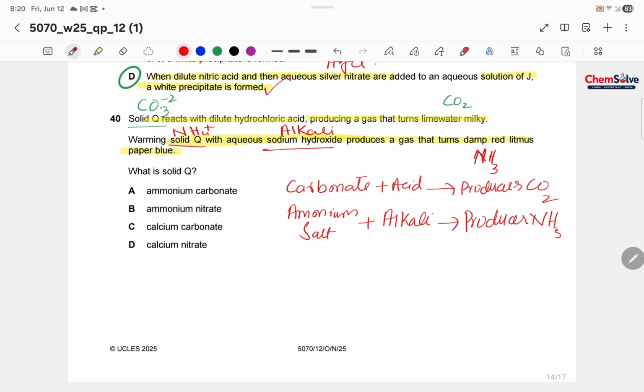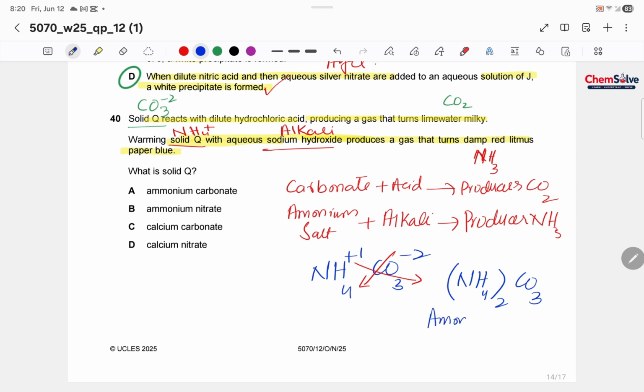So for sure solid Q contains ammonium ions and carbonate ions, and if this is so, we can find out the formula easily. NH4+ and CO3 2-. So this 2 will move here, this 1 will move here. Resultantly our formula would be (NH4)2CO3, and the name would be ammonium carbonate. This leads us towards our correct option. So the correct option for this question is A.